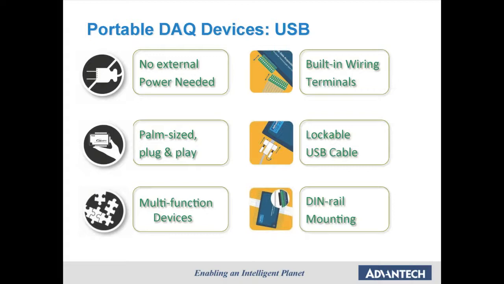Reliability is very important for industrial automation. To deliver a more stable performance, Advantech offers a lockable cable between the modules and the computer. Finally, a DIN mounting key is also built in, so that you can secure your USB device in the field.